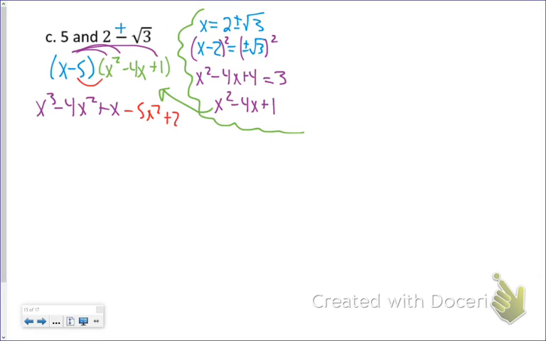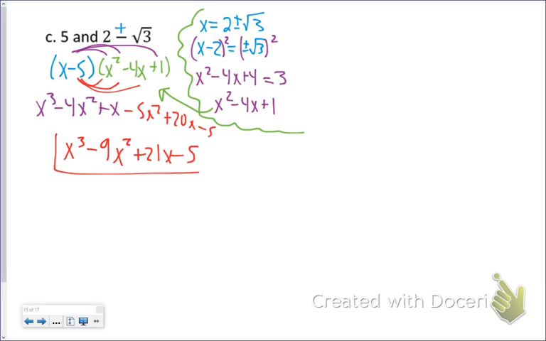All right, then plus 20x, and then minus 5. Sorry, I'm running out of space here. Combine your like terms, so I get x cubed minus 9x squared plus 21x minus 5.